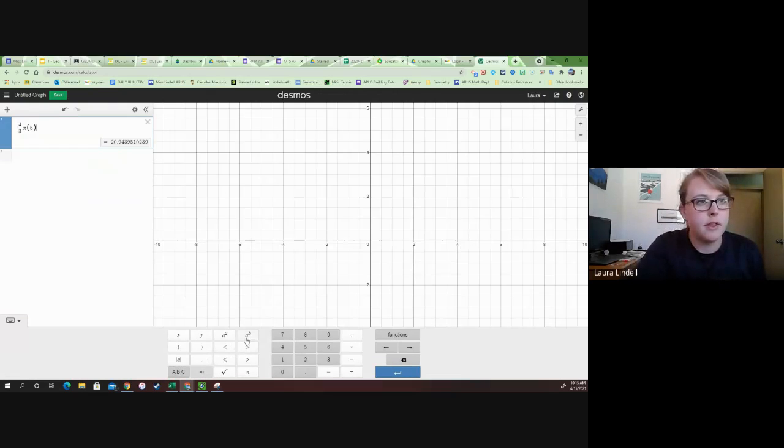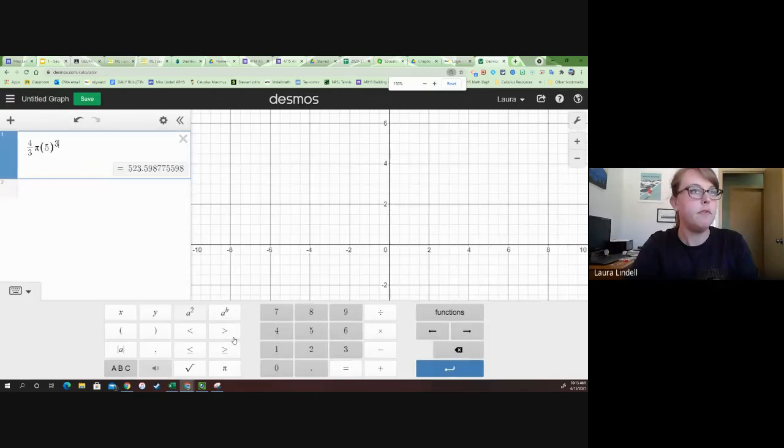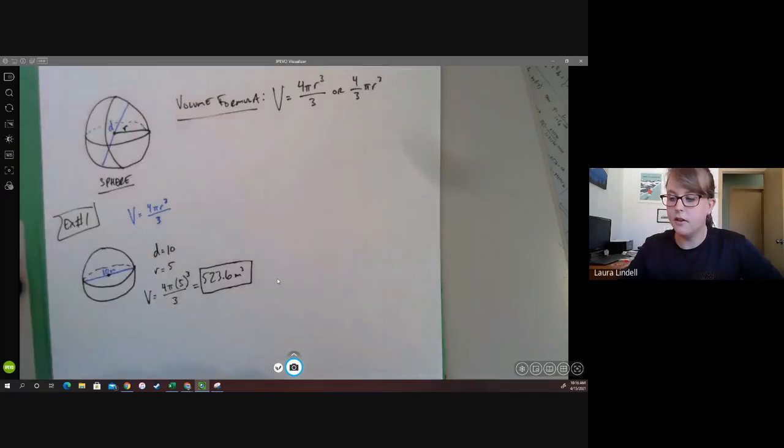Or you see this one that says a to the b power here. If you click that button, it will put you up into the exponent and you can put it to the 3rd power. So that should also be something that we can do here. So again, if you use either the a to the b power, or you can hit Shift 6, that will get you up into the exponent. All right. So there's how we would do it on various calculators.